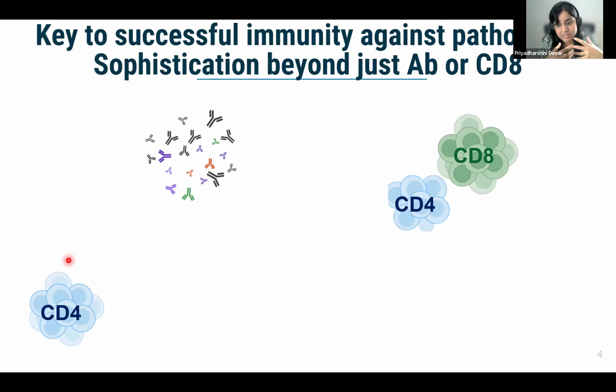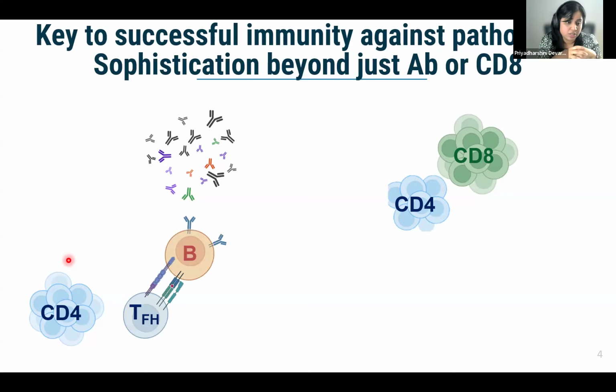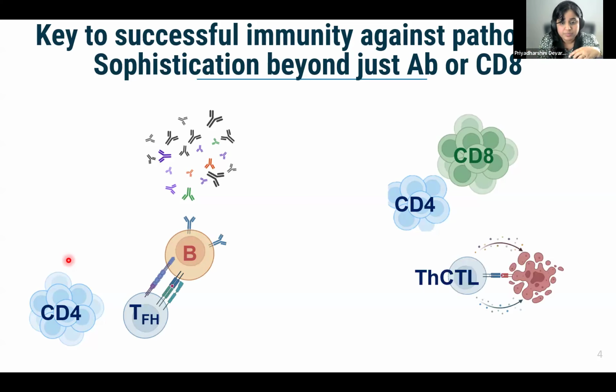You see that CD4 T cell help to CD8 is important for generation of longer-lived stable CD8 memory. You see that a specialized subset of CD4 T cells known as T follicular helper cells help B cells to make these broader, neutralizing, longer-lived antibodies.